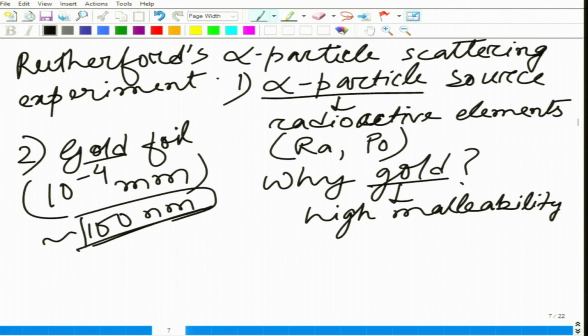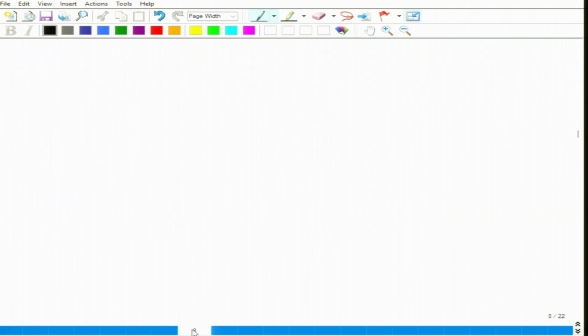So now we will see what the experimental setup looked like. Okay, first let me draw, then I'll explain.